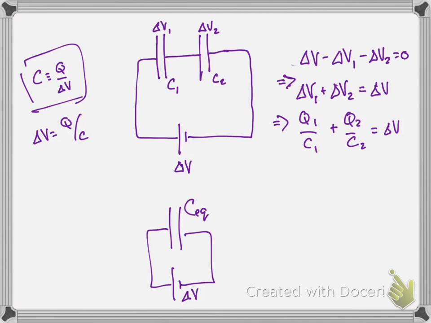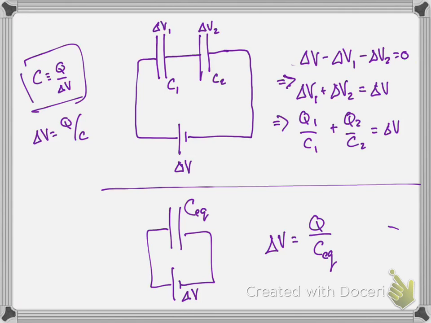But for the equivalent capacitance, delta V must equal Q over C equivalent, where this is Q and this is minus Q. But then what we recognize is that Q1 is the charge on capacitor 1, and Q2 is the charge on capacitor 2.